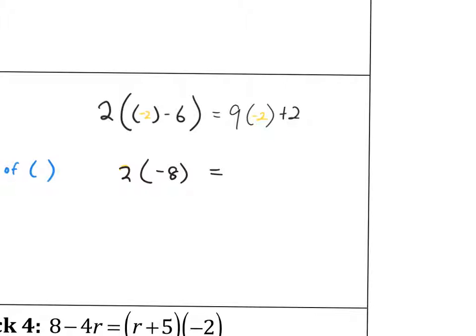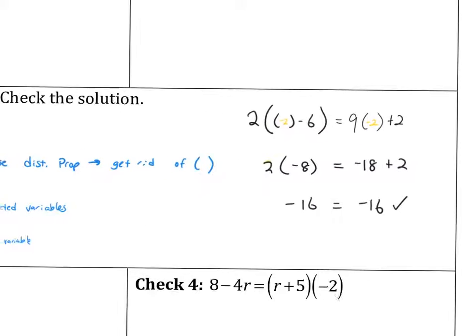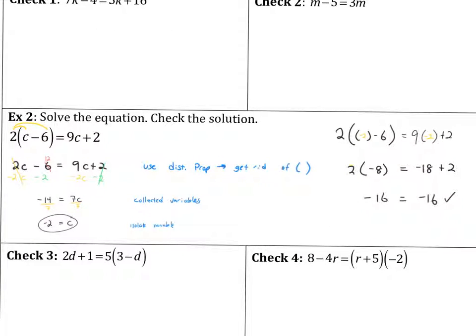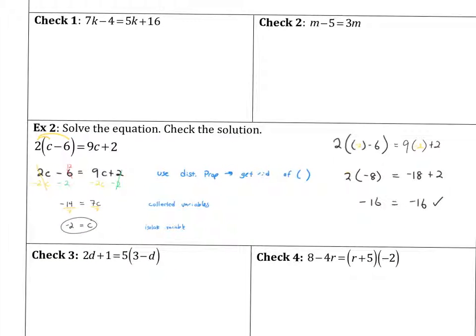These two multiply to get -18 and bring down the +2. Now, on the right side, I'm going to combine those to get -16. And on the left side, I multiply to get -16. Ka-chow! We got it. So I know, not just think, but I know the solution is -2.